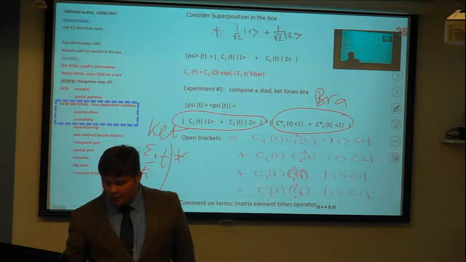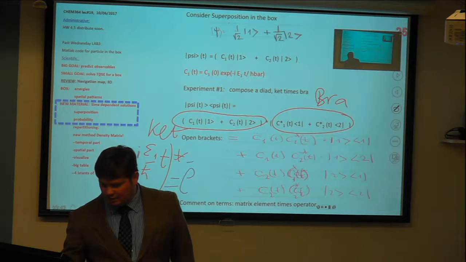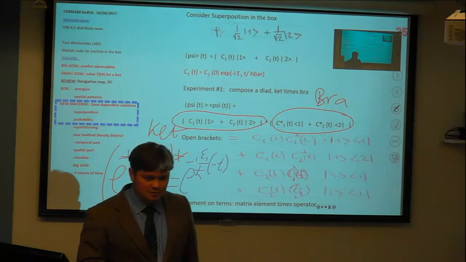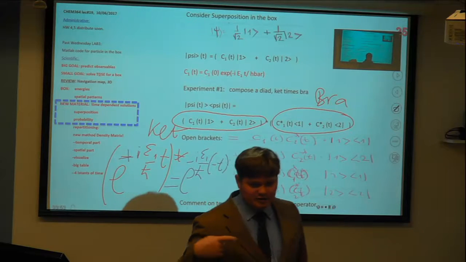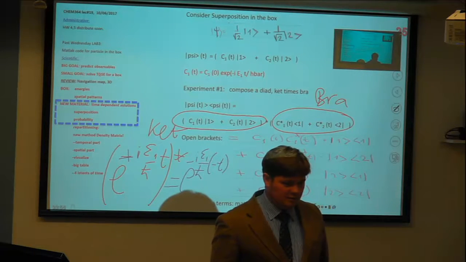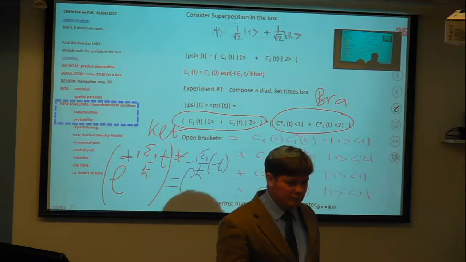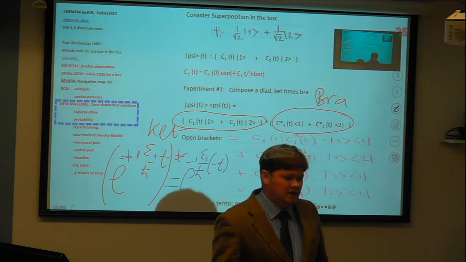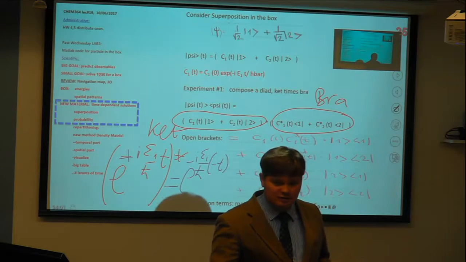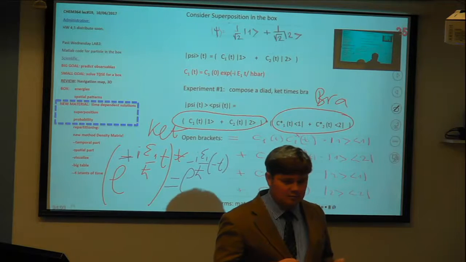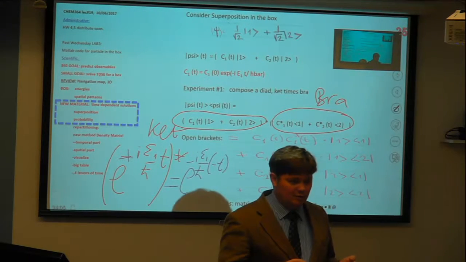But we can treat it as we still have the evolution of minus i E1 over h bar, and then our time goes in the opposite direction. So complex conjugation, in some sense, means flipping the direction of time evolution, going backwards in time. Or just accept the star notation and say that we have this conjugation of the wave function.